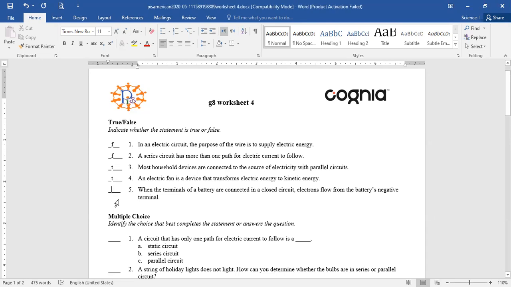Ali, what's your opinion? When we connect a battery in a circuit, electrons flow from the negative terminal to the positive one. True, because the direction of the electron flow is always from the negative pole to the positive one. That's good.